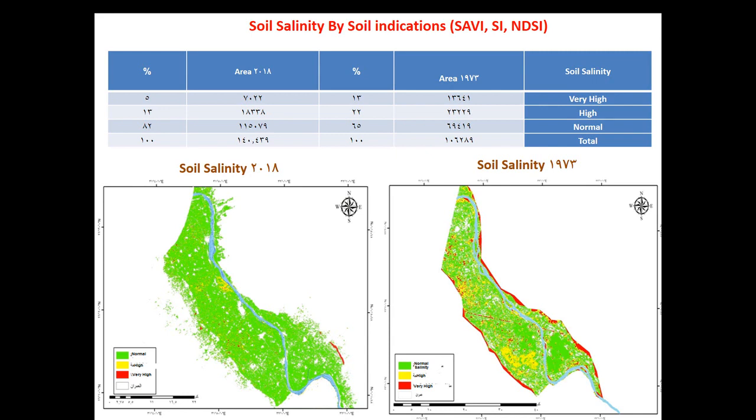We can do something more about this. In soil, we can study soil salinity and compare between some years. We can apply some soil indices such as SAVI, SI, and SNDI, which are relations between visible and non-visible bands such as near infrared and thermal.